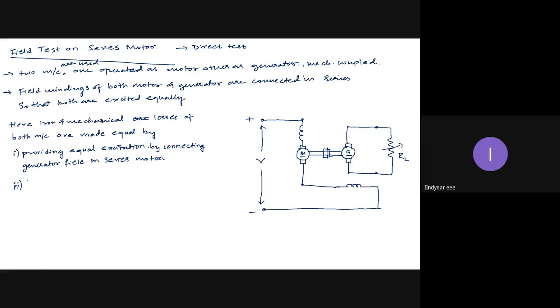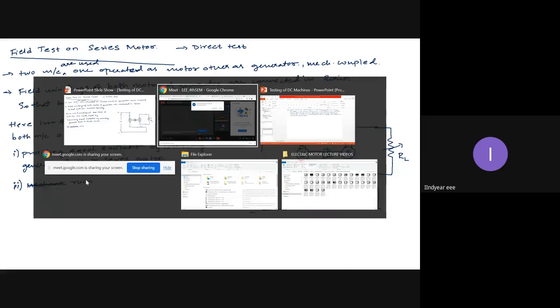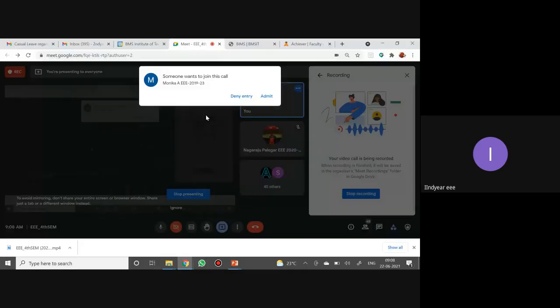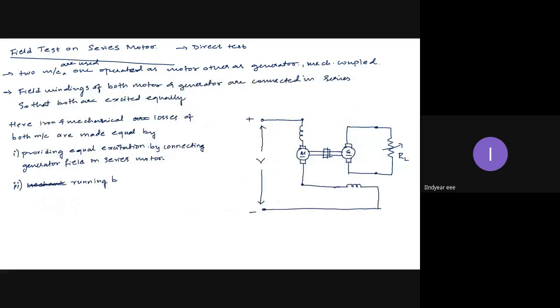Mechanical losses of both machines are made equal by mechanically coupling motor and generator, by running both machines at the same speed through mechanical coupling.